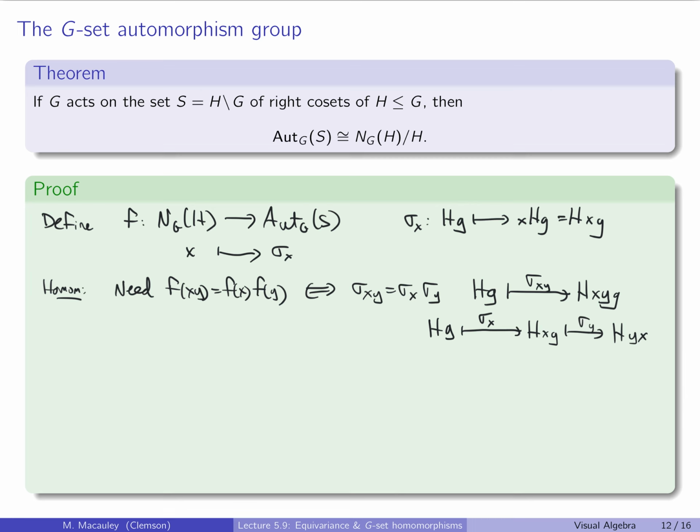Ooh, look at this. It's actually a left action, because we're left multiplying. We can move it over because of the normalizer, but we have that left versus right action issue. So technically, I'm going to have to define f to send x to sigma inverse like this.